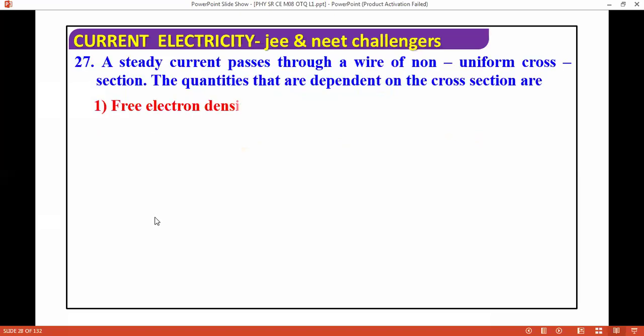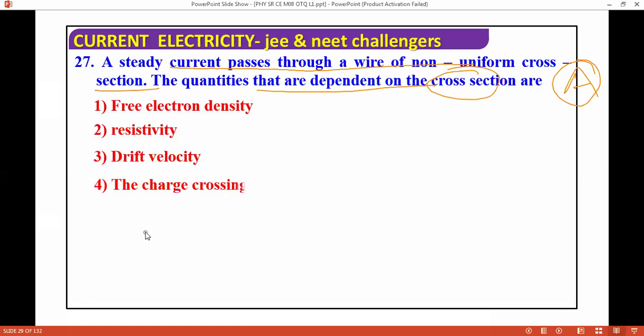A steady current passes through a wire of non-uniform cross section. The quantities that are dependent on cross section, so basically what's happening? Understand the question. The quantities dependent on cross section will use area.